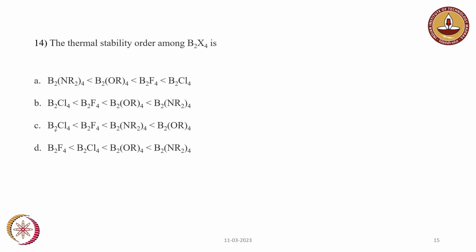And option C is B2Cl4 less than B2F4 less than B2(NR2)4 less than B2(OR)4. And option D is B2F4 less than B2Cl4 less than B2(OR)4 less than B2(NR2)4.